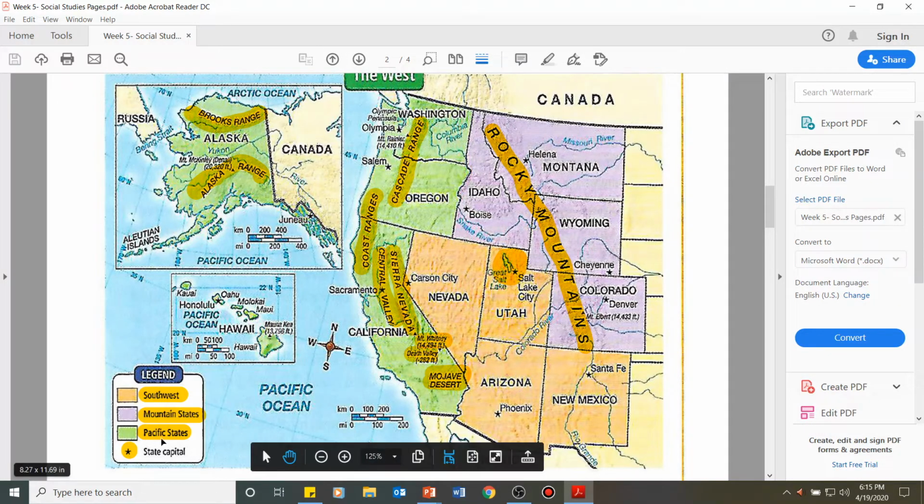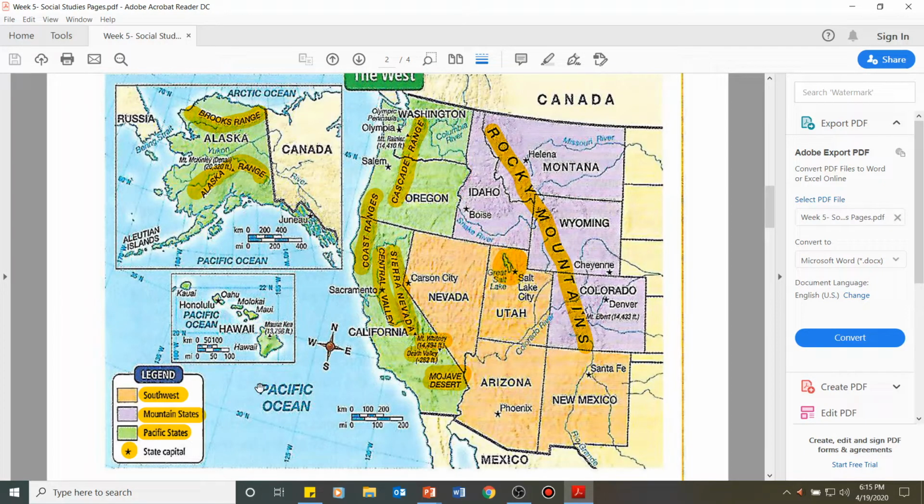And finally, the Pacific states, which are near the Pacific Ocean: Washington, Oregon, California, Alaska over here at the top, and Hawaii, which is in the Pacific Ocean. This is the map. Now I'm going to explain the special places and parts of this map.